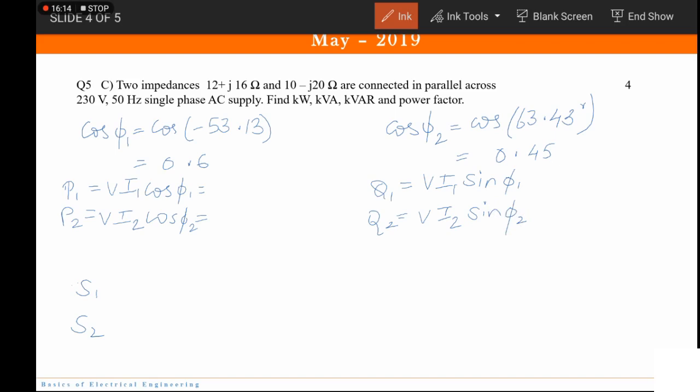And S1 will be square root of P1 square plus Q1 square. Similarly, S2 will be square root of P2 square plus Q2 square.